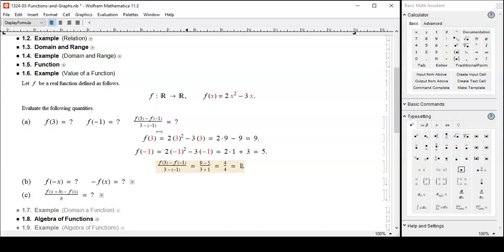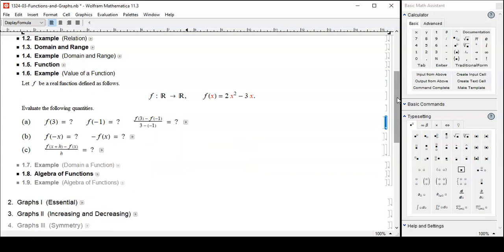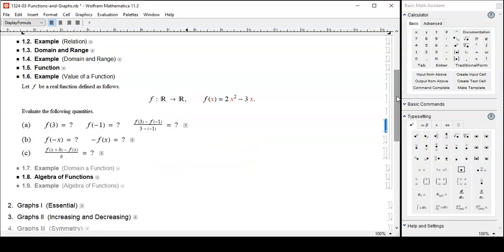This quantity, by the way, is called the average rate of change, and it's going to be important in calculus. Some more. What is f of -x and negative of f of x? Same deal. We are plugging -x in place of x, so you have to put -x here, -x there.